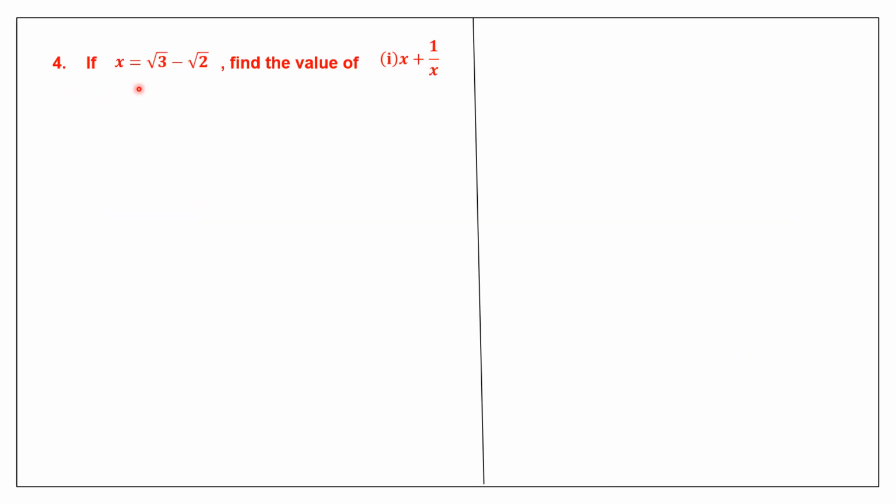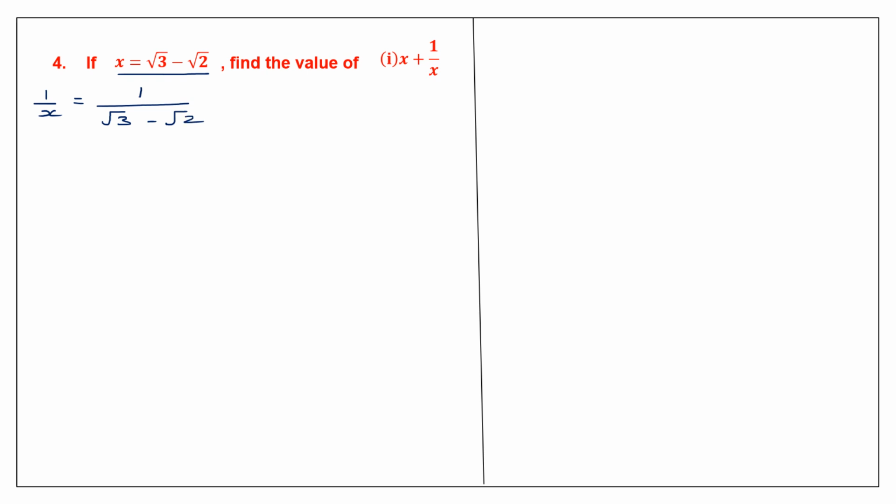Question 4. If x is equal to root 3 minus root 2, find the value of, first one, x plus 1 by x. In questions like these, we first find the value of 1 by x. So let's begin. Since x is already given to us, 1 by x is equal to 1 by root 3 minus root 2.